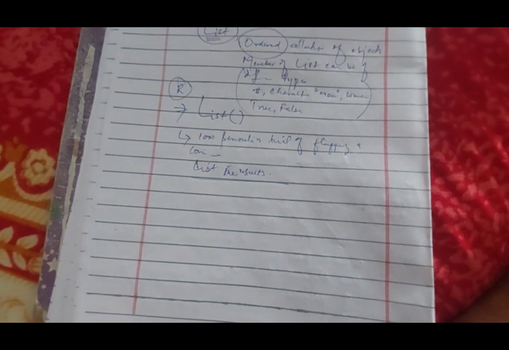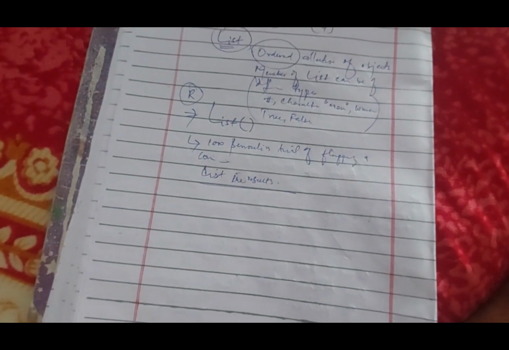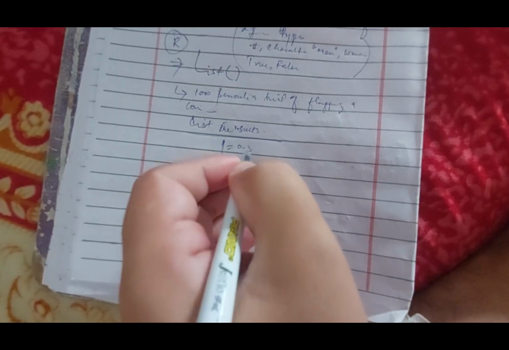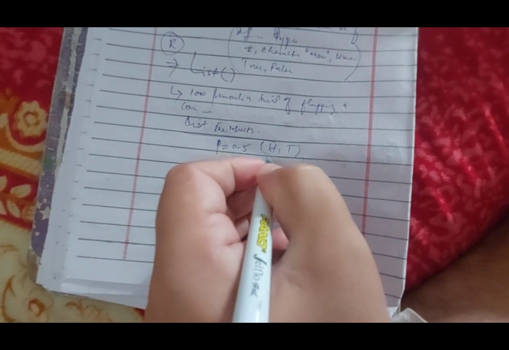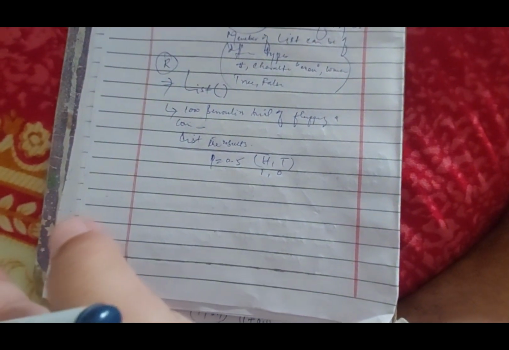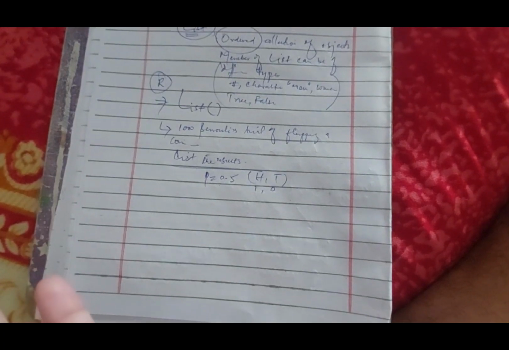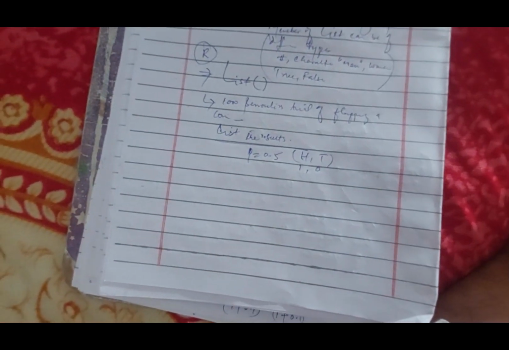So the number of trials is 1000. The probability to be either head or tail is 0.5. Head is 1, tail is 0. So let me first make the code for this whole scenario.